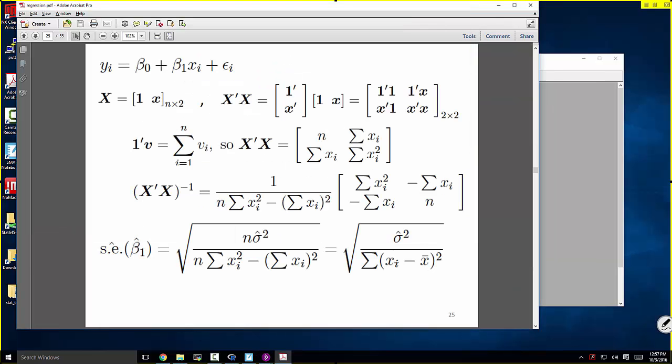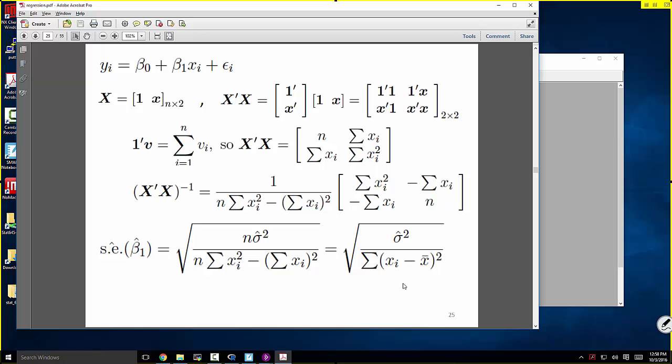So this expression here gives you some insight into what goes on when you do regression modeling. You're going to have a hard time detecting any statistically significant differences if the residual variability is really high, and or if your x's don't go out far enough.